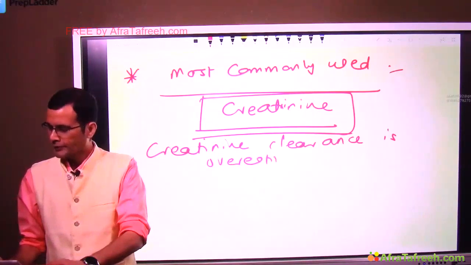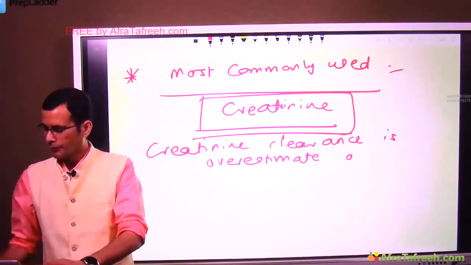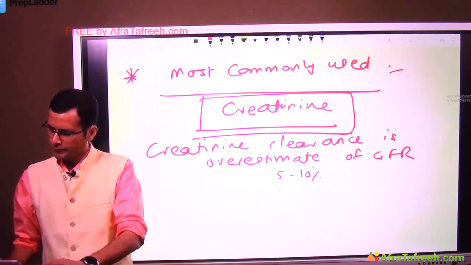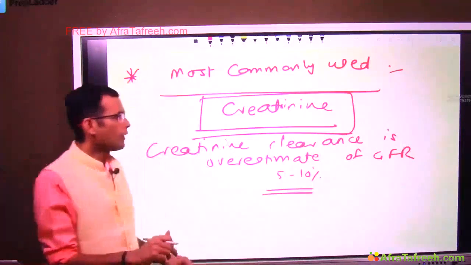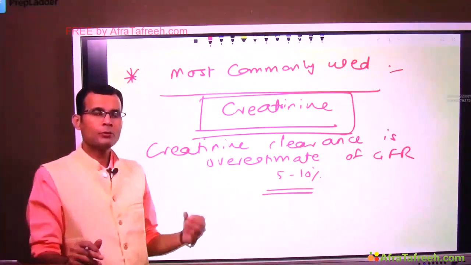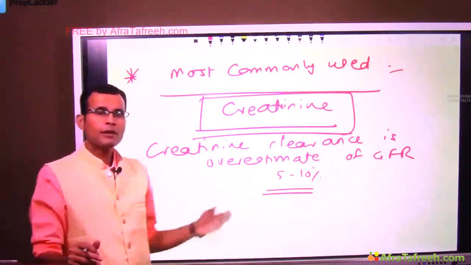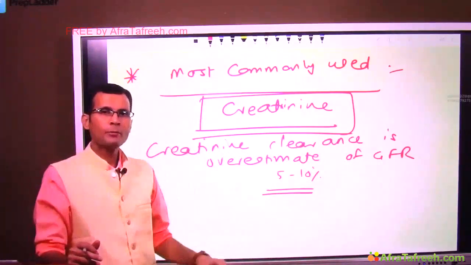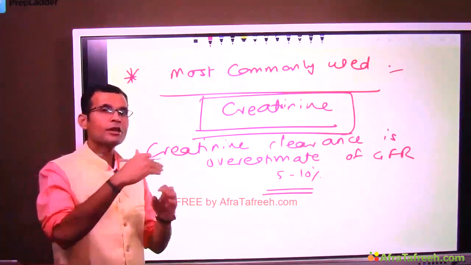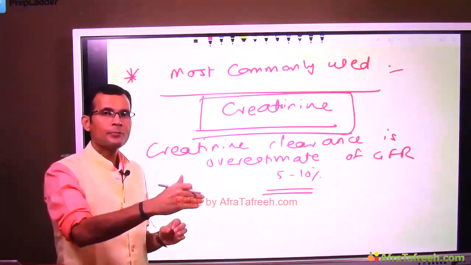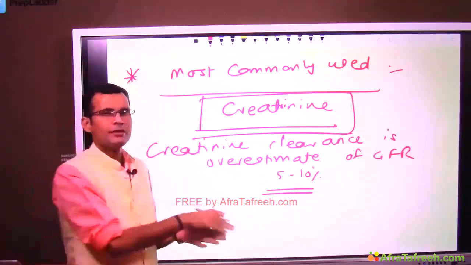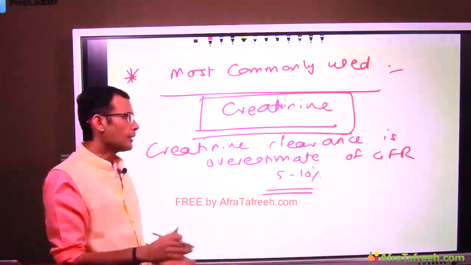It overestimates the GFR by about, let's say, 5 to 10%. The values that were given in the MCQs were 125, 130, 135, and 140 ml per minute. So if the creatinine clearance is 135 ml per minute and it's an overestimate of GFR, then actual GFR would be less than that, about 130 ml per minute.